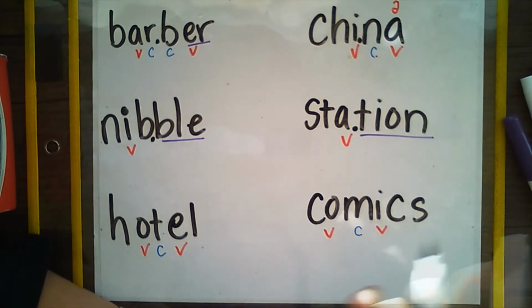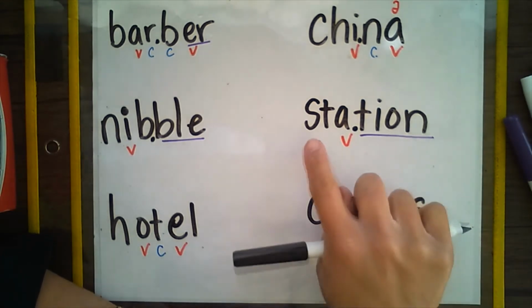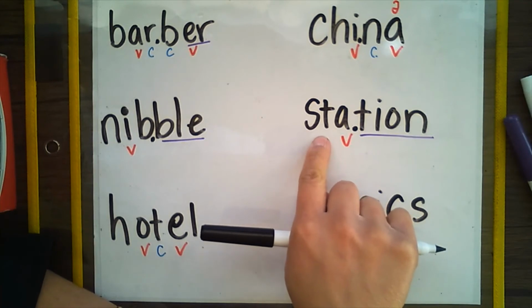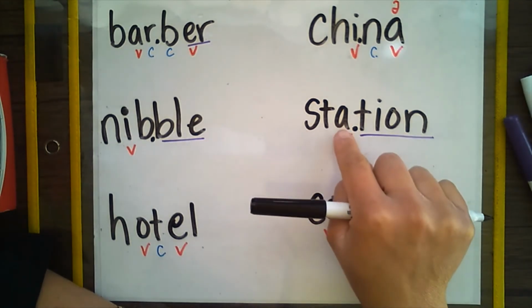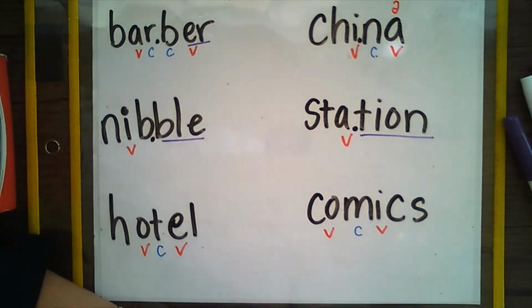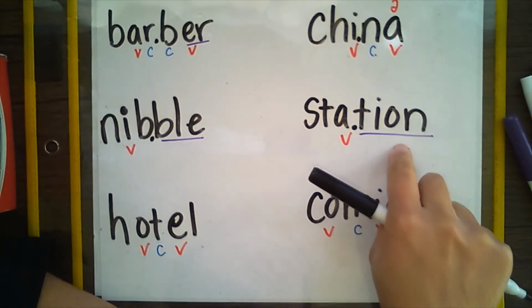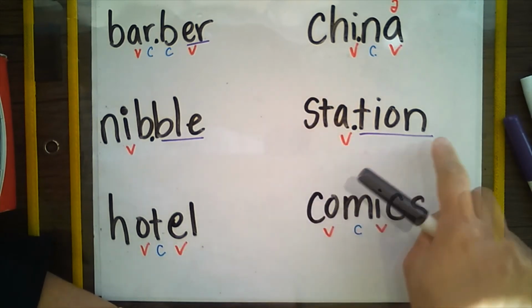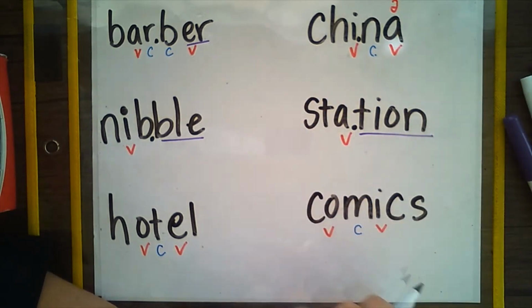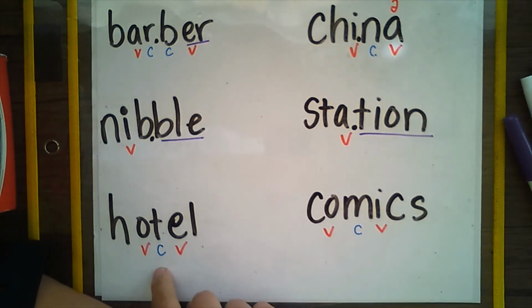And then we can double check that it makes sense. First syllable, stay. Yep, that makes sense because the A is the last letter of that syllable. First syllable, stay. Second syllable, shun. Try for the real word, station. Moving on.